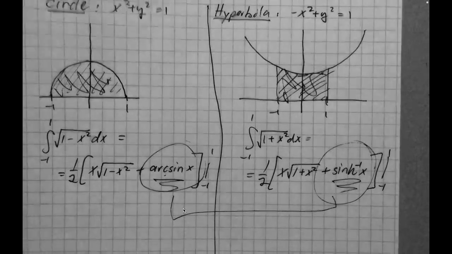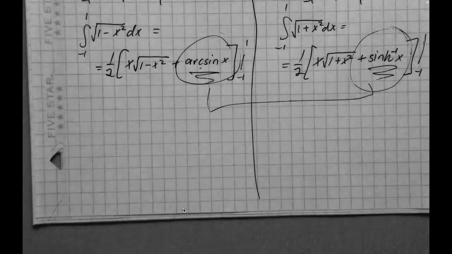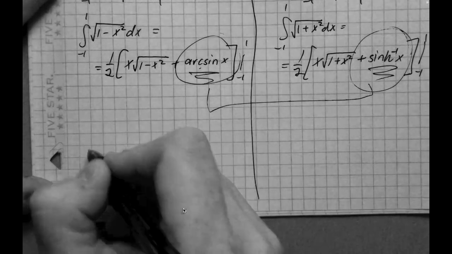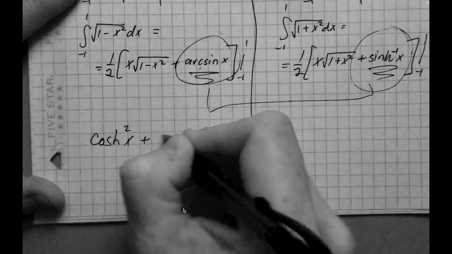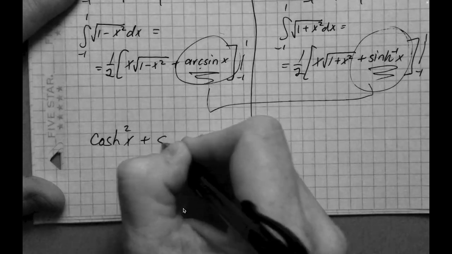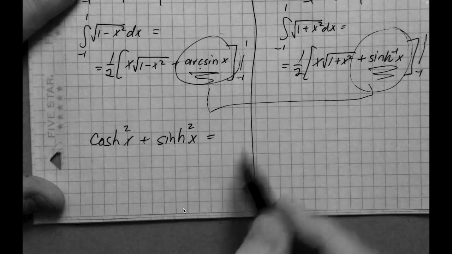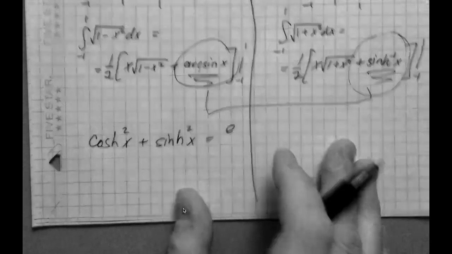Another thing about these hyperbolic functions is that many of the trig identities that we've been taught over the years are going to have corresponding hyperbolic identities, right? So, for example, if I take the hyperbolic cosine of x squared plus the hyperbolic sine of x squared, so I add those two together, then I can just, by definition, I can see that this is, I'm going to flip the page.